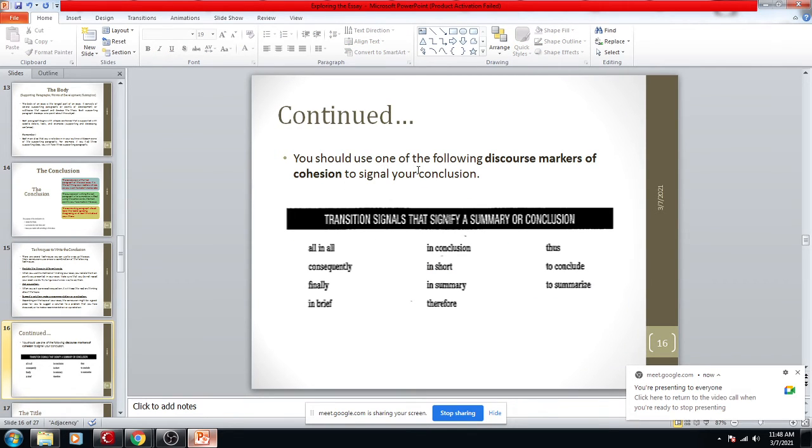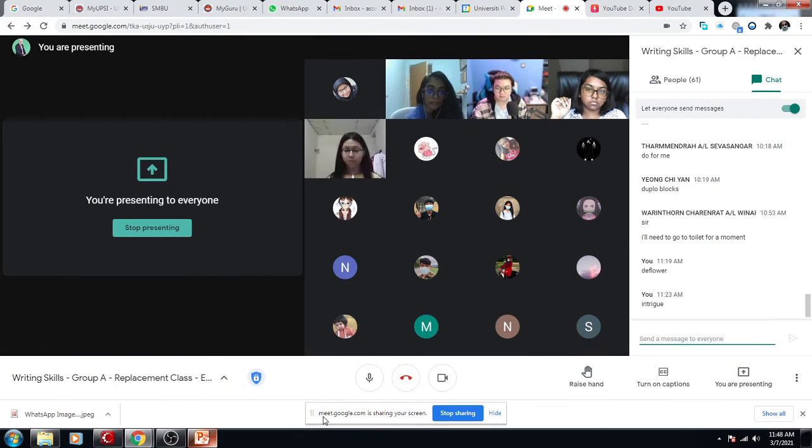Of course, you should use one of the following discourse markers of cohesion to introduce or signal your conclusion. So the concluding paragraph must be introduced by a discourse marker, like in conclusion, in brief, in summary, in short.